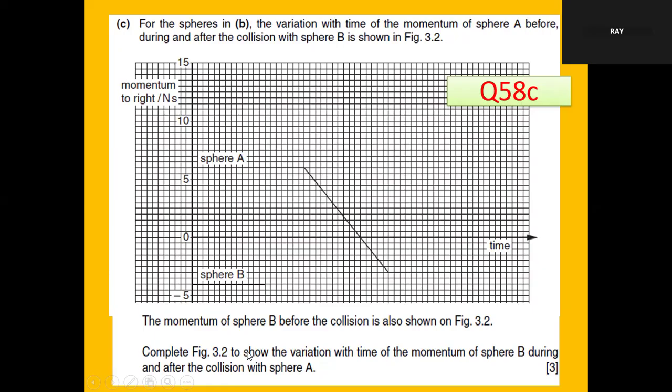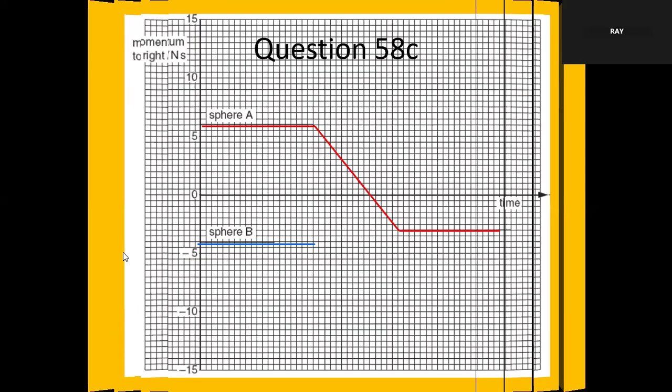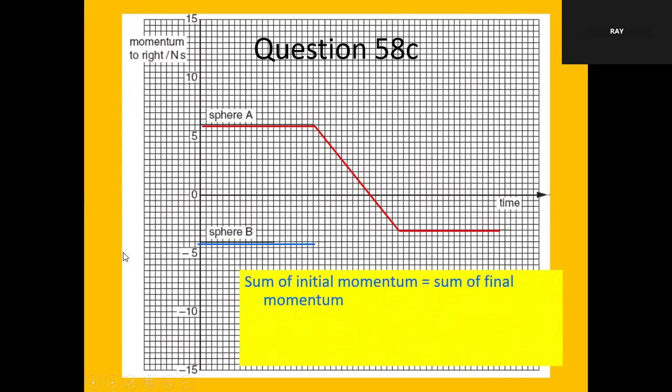Complete it to show the variation with time of the momentum of B during and after the collision. Calculate: this is 6 minus 4. After collision, you are given minus 3 plus x. Momentum of B is 5. So that's the answer.